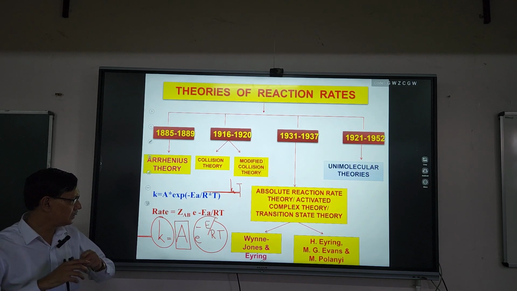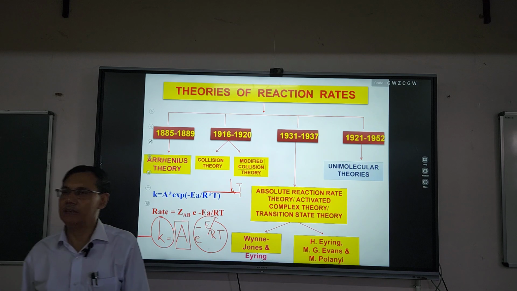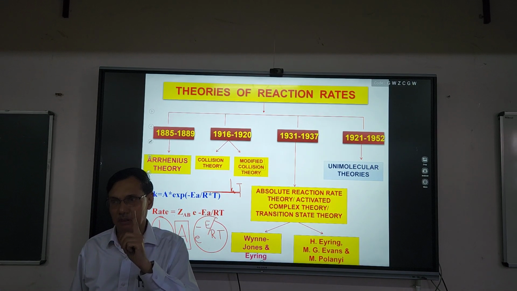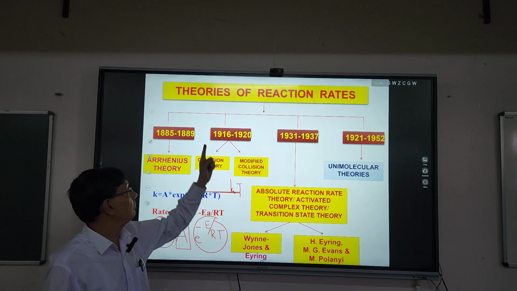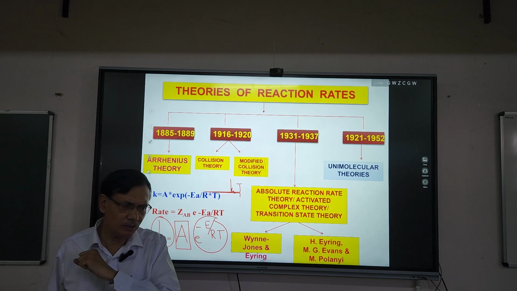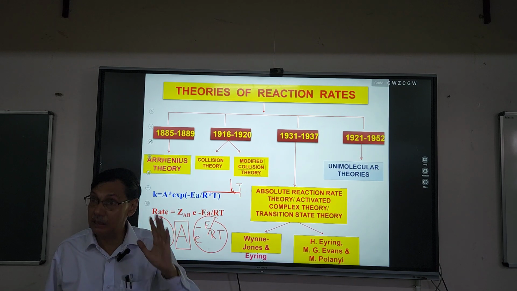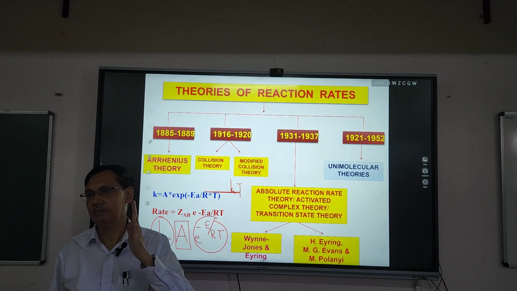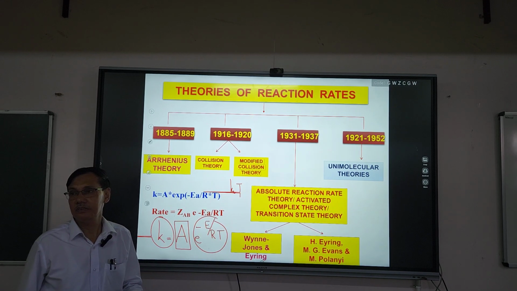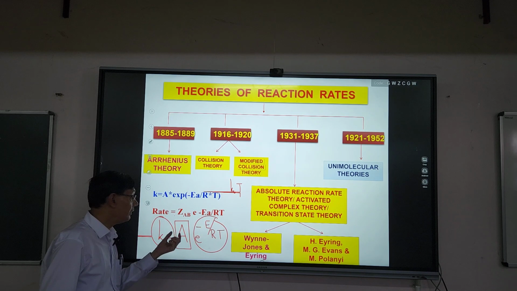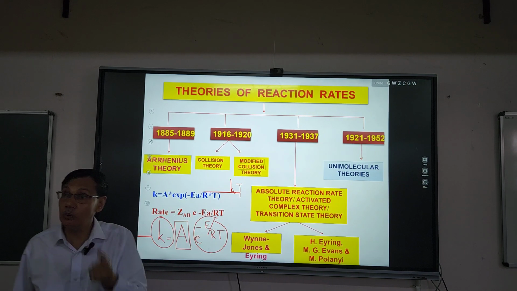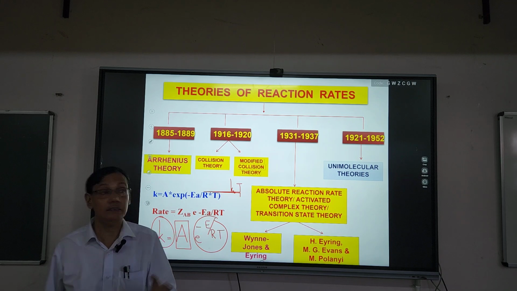In spite of the tremendous application of the Arrhenius theory, because this is the first theory of reaction rate, Arrhenius is a Nobel laureate, but he could not explain the actual meaning of A.